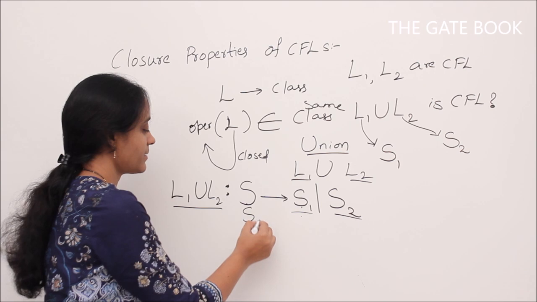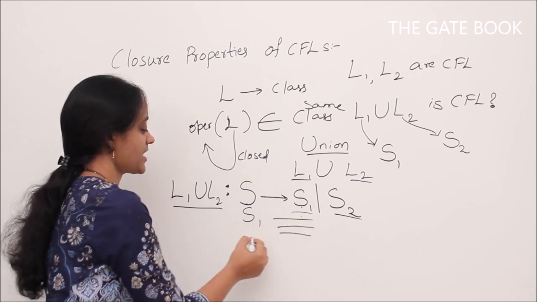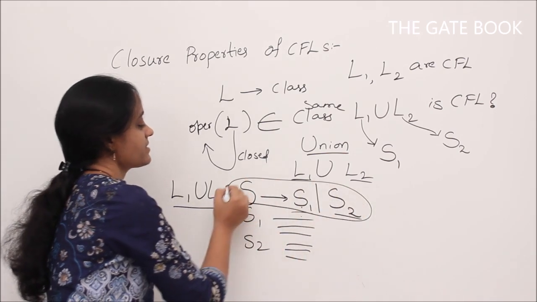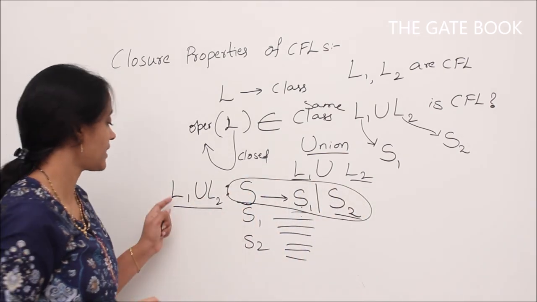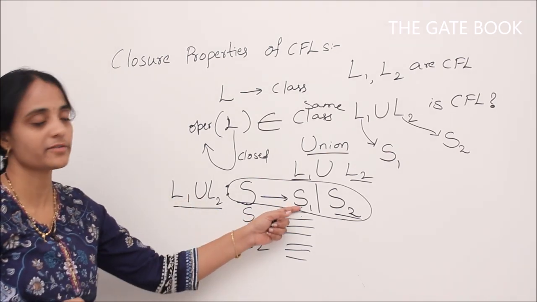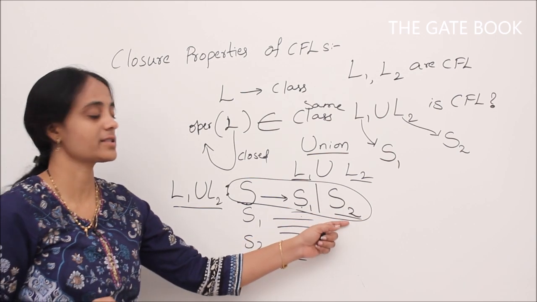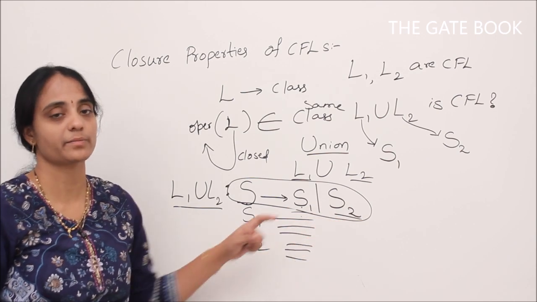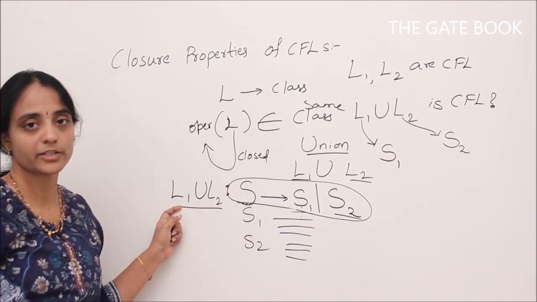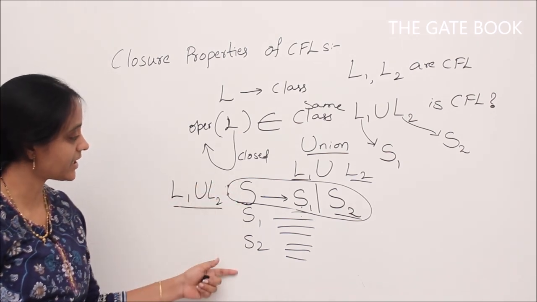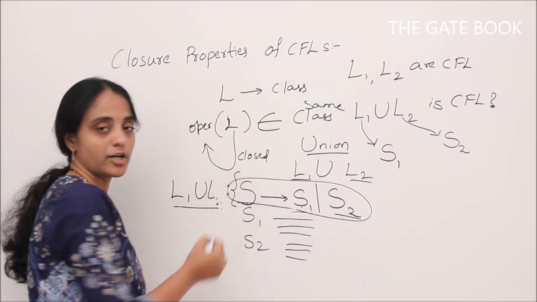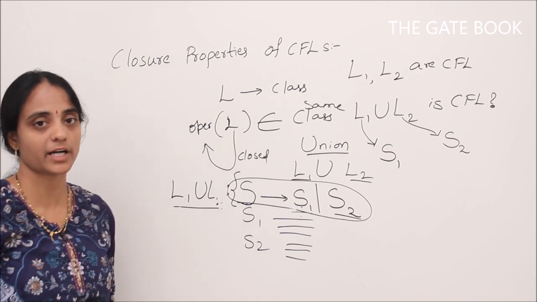So I write the remaining grammar rules as they are for S1 and S2, and I add a new rule like this, which will construct L1 union L2 because it can generate all the strings that can be generated from S1 and all the strings that can be generated from S2. That means S can derive all the strings that are part of L1 union L2. So now it is also a context free grammar, right? Because I have added this rule, it is not violating any context free grammar condition.